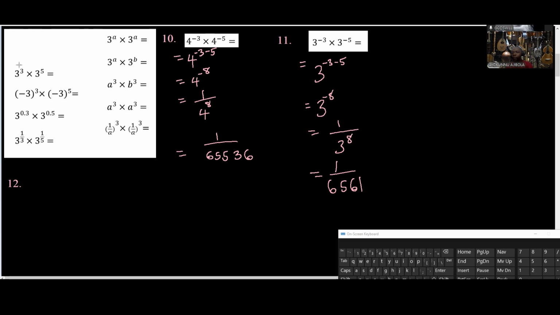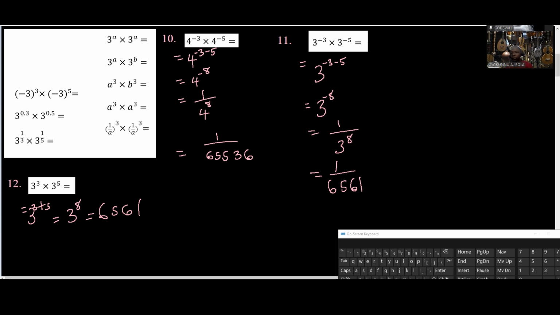We have 3 raised to power 3 times 3 raised to power 5. So we just pick one and add the powers, right? Yes. 3 plus 5. And this is going to be 3 raised to power 8, which is just the same as what we have found here, 6,561.